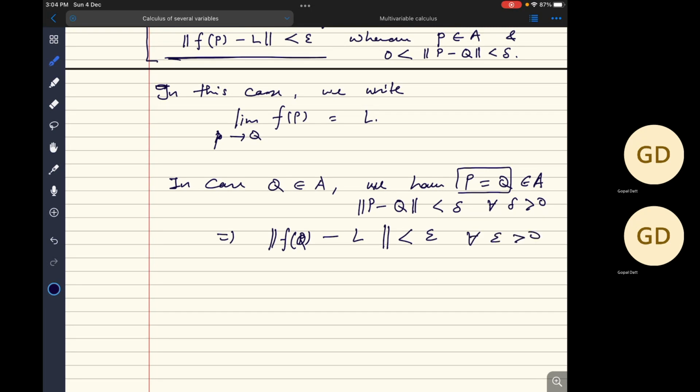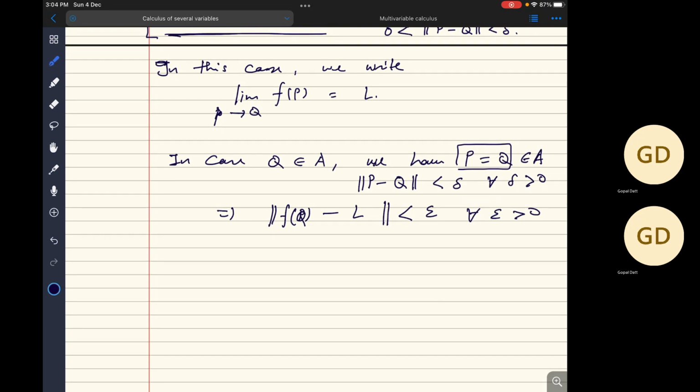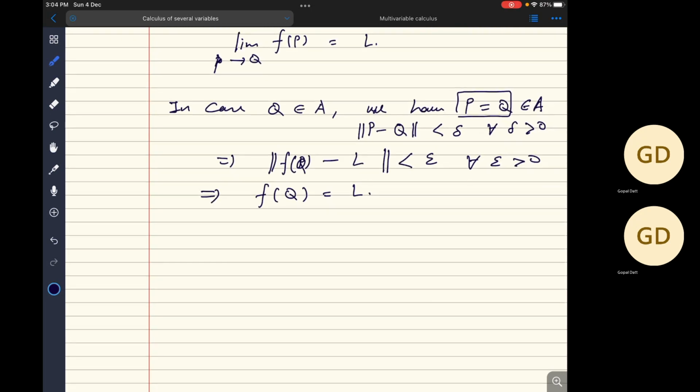What we get from here is that f(q) is nothing but L. So we get the limit of f(p) as p goes to q is nothing but f(q). It was L, now it is f(q).